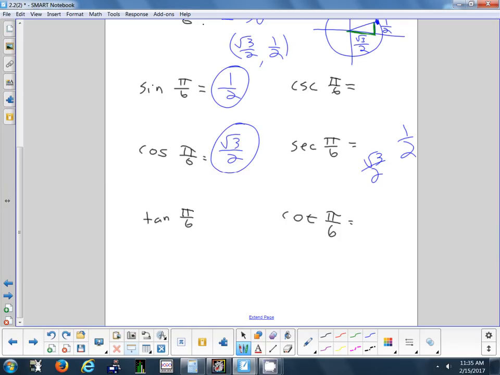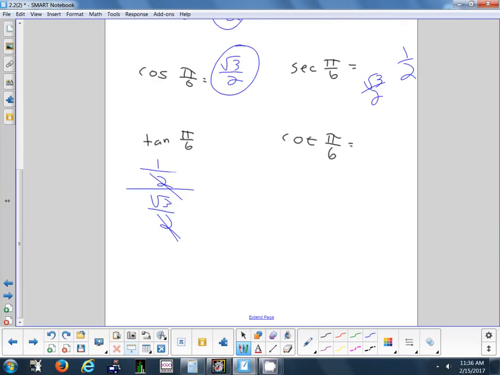Can somebody help James with what's going to happen there? They cancel out. So if the 2's cancel out, you're left with, I'll just write it. You've got this. Some people like to take what's in the bottom and flip it and multiply. That's the same thing. You're still going to cancel the 2's if you do it that way. But you're left with 1 divided by the square root of 3.